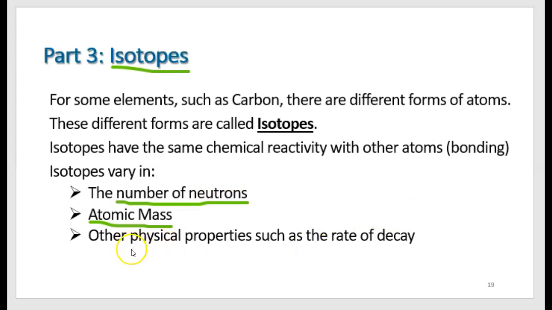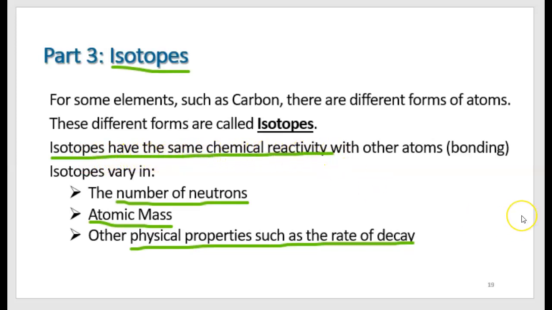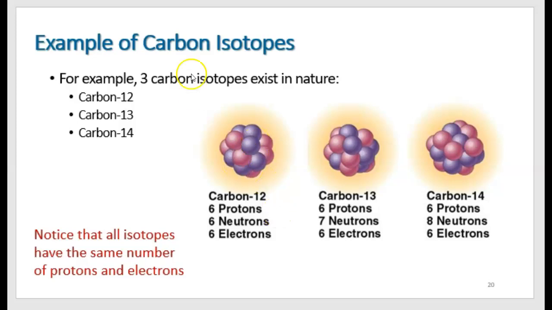Sometimes this also changes their physical properties, such as the rate of decay, but their chemical properties will be the same. So all isotopes of carbon have the same chemical reactivity or bonding with other atoms. I'm going to show you examples of these carbon isotopes next.